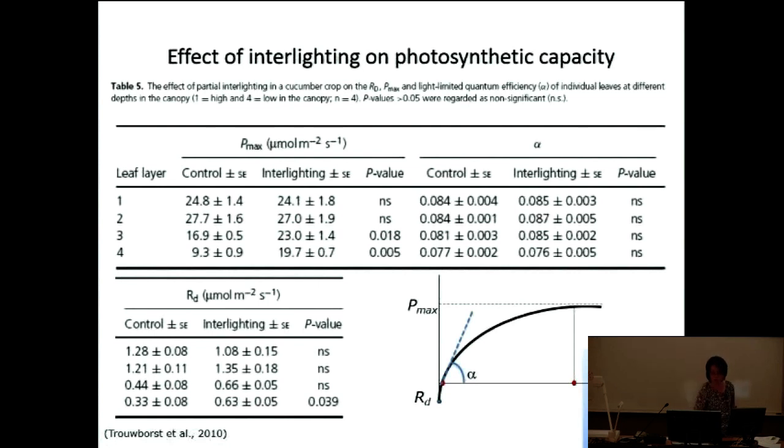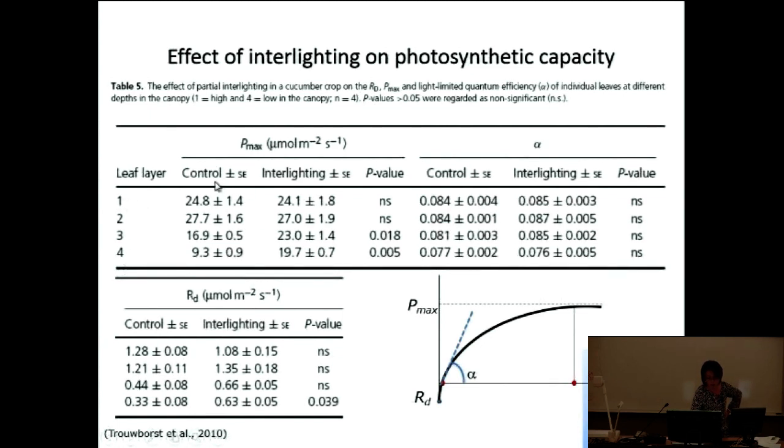At the saturation point, you can get maximum photosynthesis, and they computed it. Then also the initial slope, which is quantum efficiency, right? When light is the only limiting factor, you can get that efficiency. Another value is the dark respiration rate. So the three variables they compared were P max, alpha, and R sub D, for the top layer and lower layer.